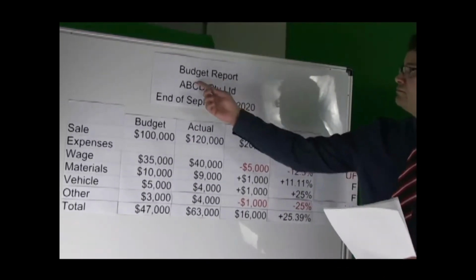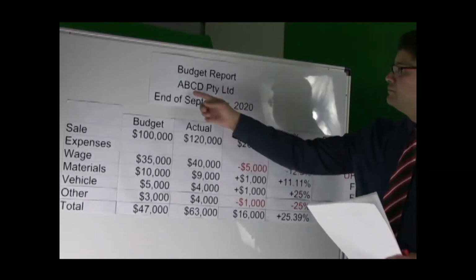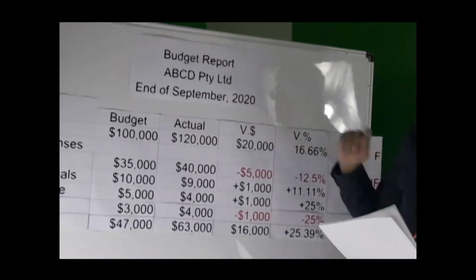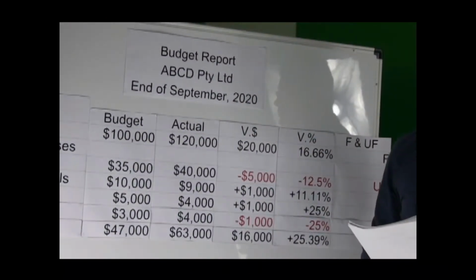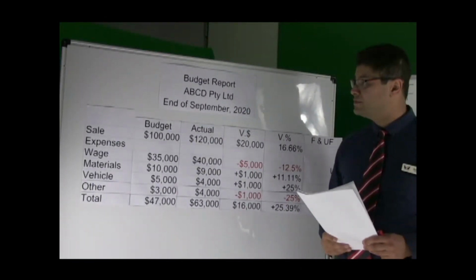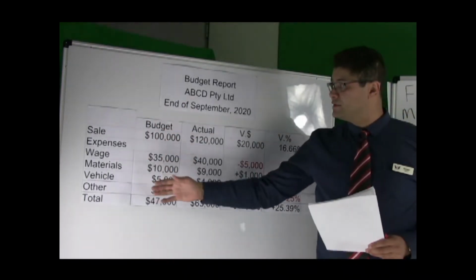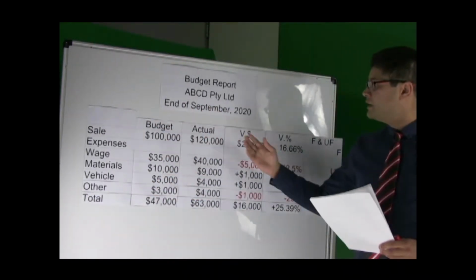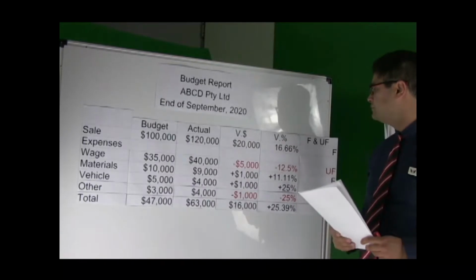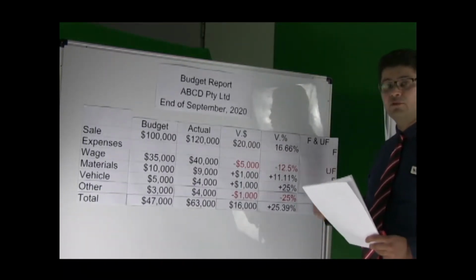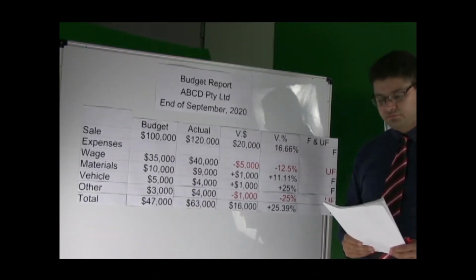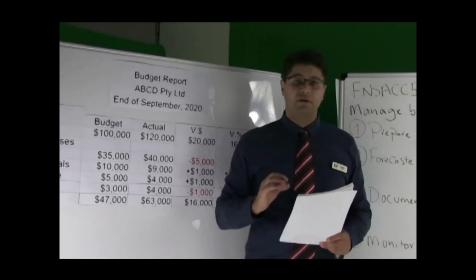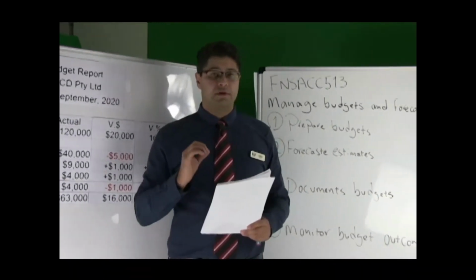It's got a letterhead, company name, the date, exactly what you are looking for in your reports. You itemize it. It's got budget, actual, variances, and favorable or unfavorable. You need to follow the proper standards.